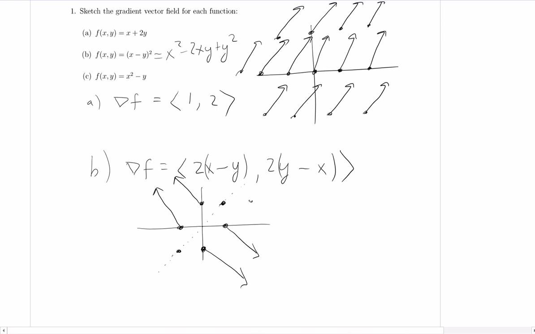How about like over here, 2, 1? What'll that look like? Well, 2 minus 1 is 3, so that'll be 6 for the first. And here, 1 minus 2 is negative 1. So we'll get negative 2. So it'll point to the right a lot and down a little bit.